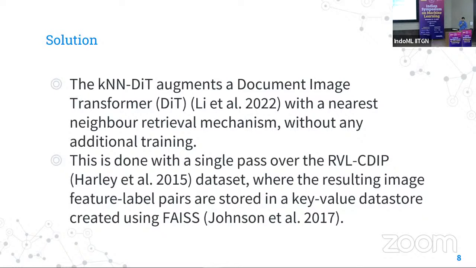I go over the data set, take the image, compute its embedding using the document image transformer, and then store these in a data store as key value pairs, the image and its embedding. I use a technique called FAISS, which stands for Facebook AI Similarity Search, their optimized tool for querying for k nearest neighbors.